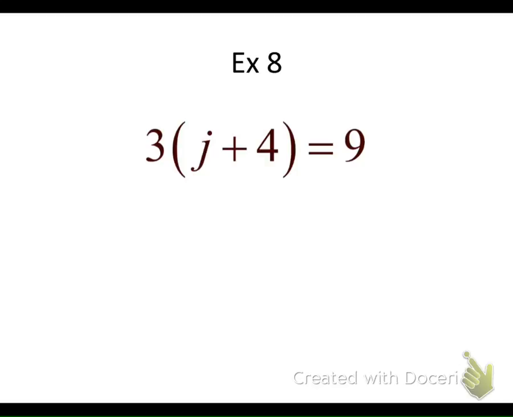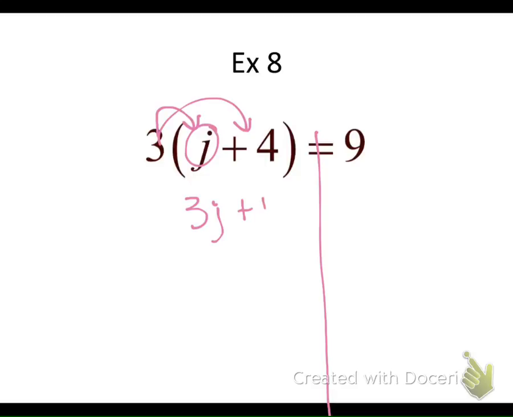So this particular problem I'm going to solve using the distributive property. If you did not solve this using the distributive property, the first thing you probably got rid of was the 3. But like I said, I'm going to distribute. So what's 3 times j? 3j. Then I'm going to take 3 times positive 4 and get a positive 12.